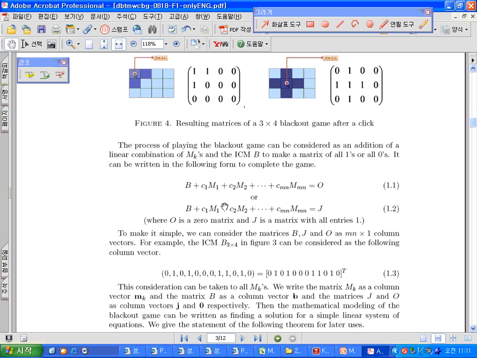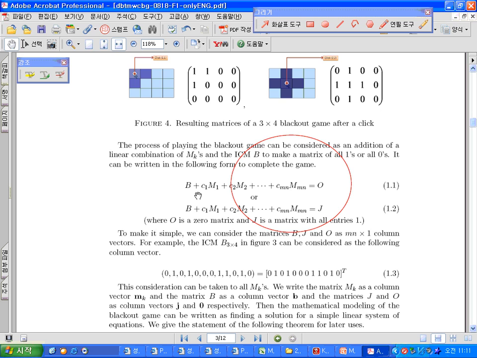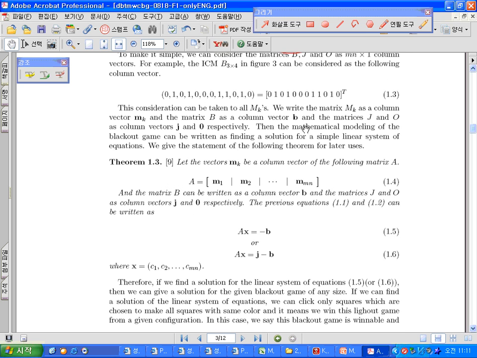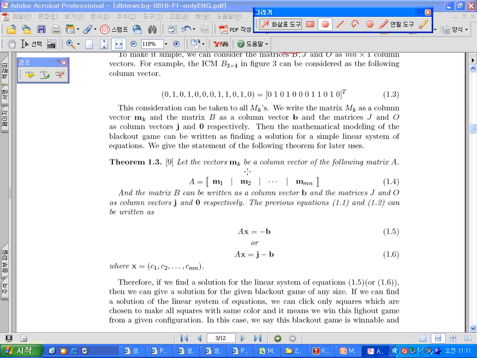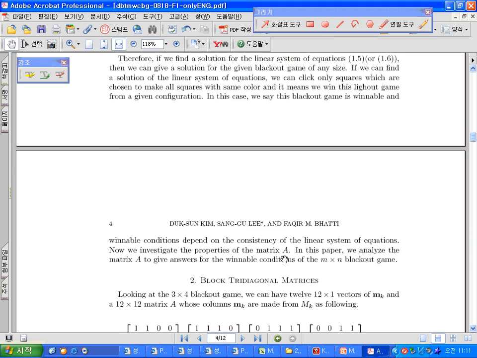Yes, and we can make a mathematical simulation and mathematical modeling of the given blackout game, like what we did, to form a linear system of equations like this.